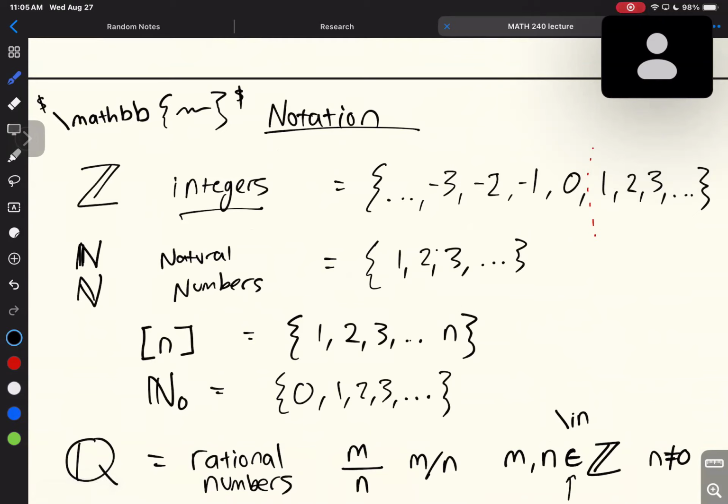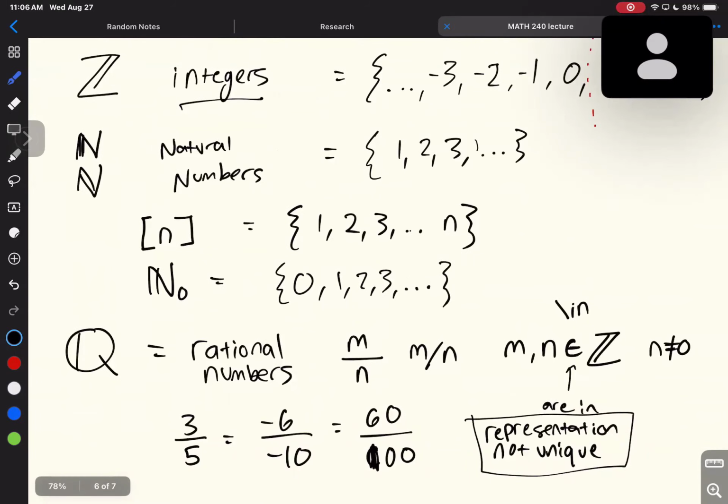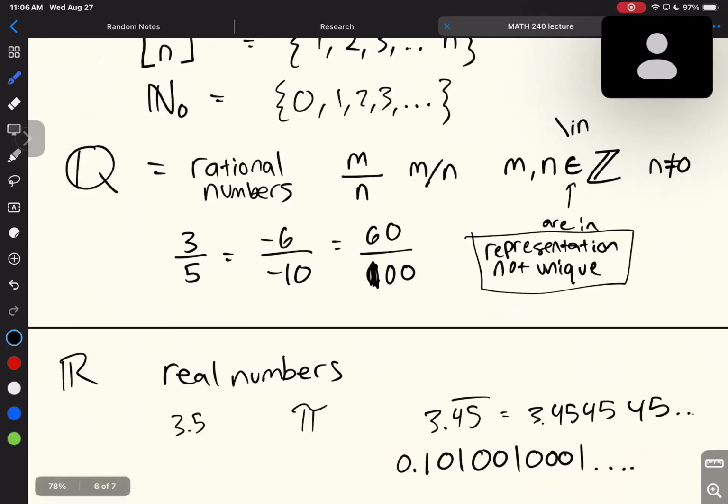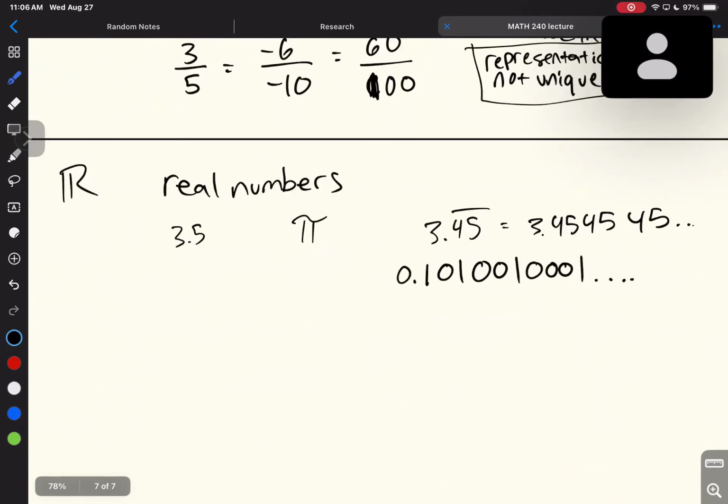So all of these numbers are in the integers. You can write the number 1 as a rational number. It's just 1 over 1. So all of the natural numbers and integers are also in the rationals. And similarly, all the rationals are in the reals.